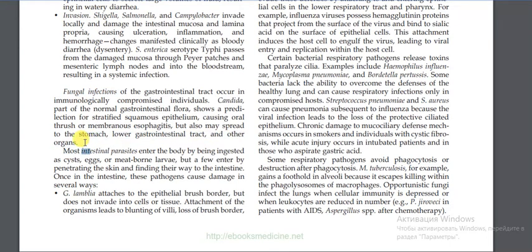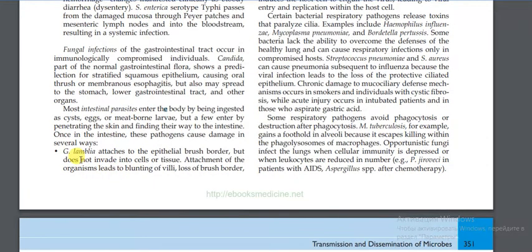Only in immunocompromised individuals, usually in AIDS. Most intestinal parasites enter the body by being ingested as cysts, eggs, or meat-borne larvae. But some enter by penetrating the skin and finding their way to the intestine, for example, Lamblia.